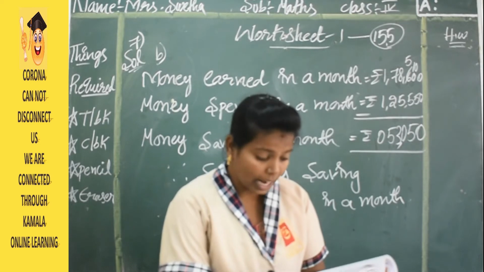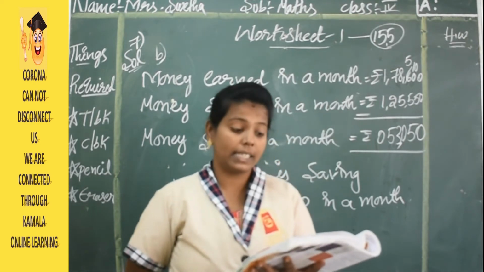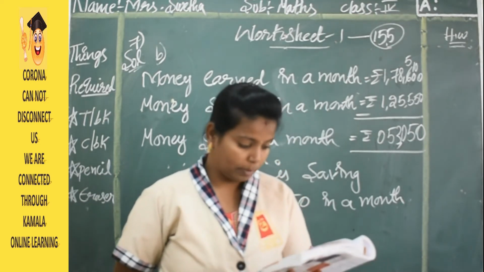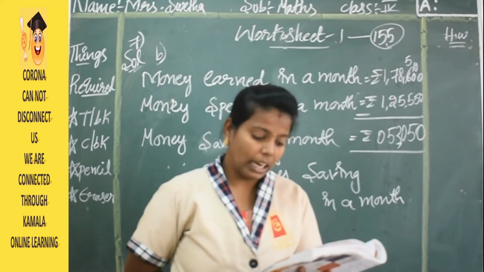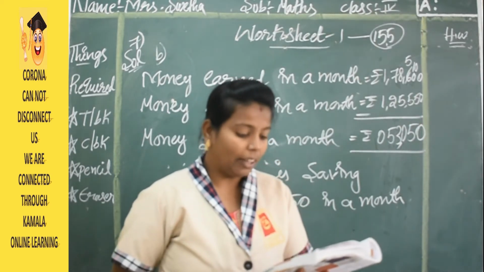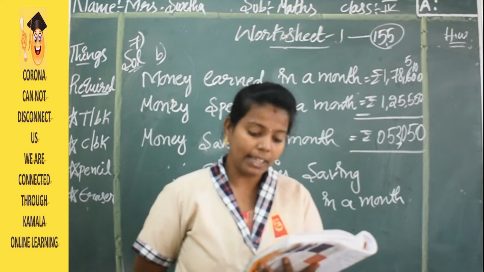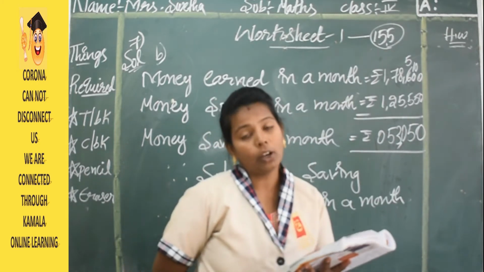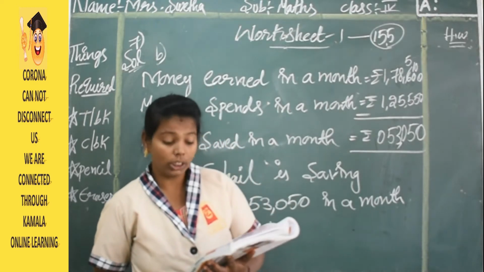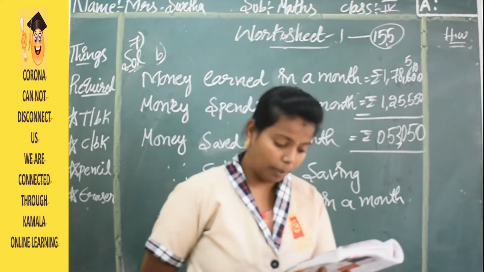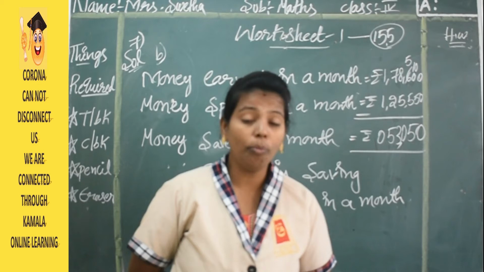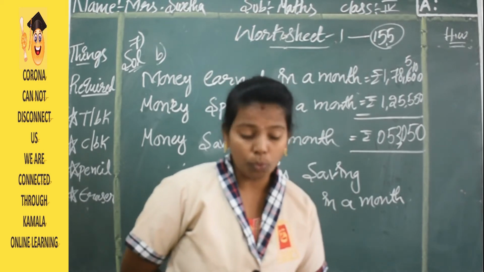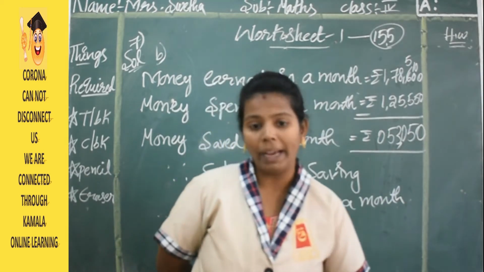So when the match is starting, 29,467 members are sitting. At the end of the match, there were only 19,870 people in the stadium. So only 19,870 people have watched the match in the stadium. So here they are asking how many left without watching the match.